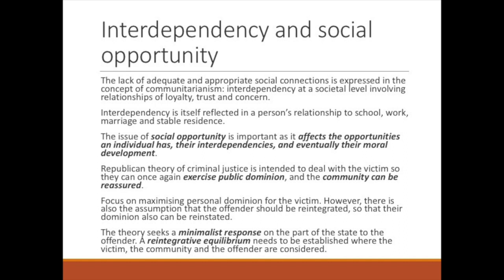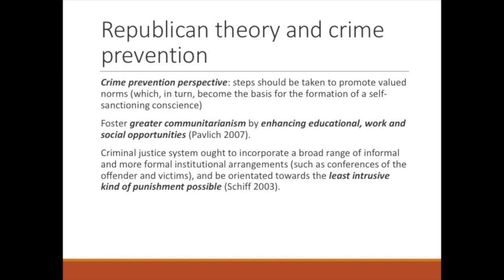Republican theory is looking for a minimalist response from the state upon the offender. So, in terms of a crime prevention perspective, Republican approaches are going to say, well, we need to take steps to promote the norms that we value, because this becomes the basis for the formation of a self-sanctioning conscience in people.